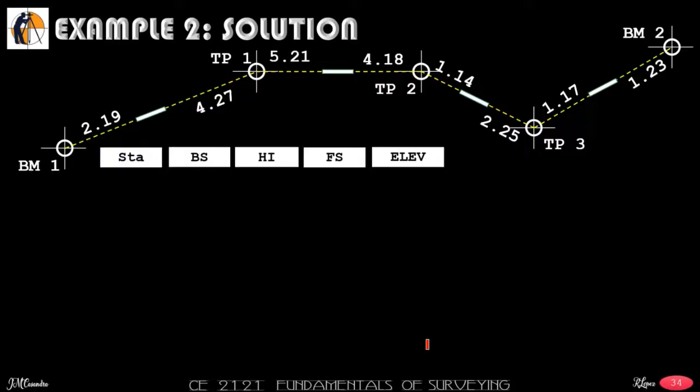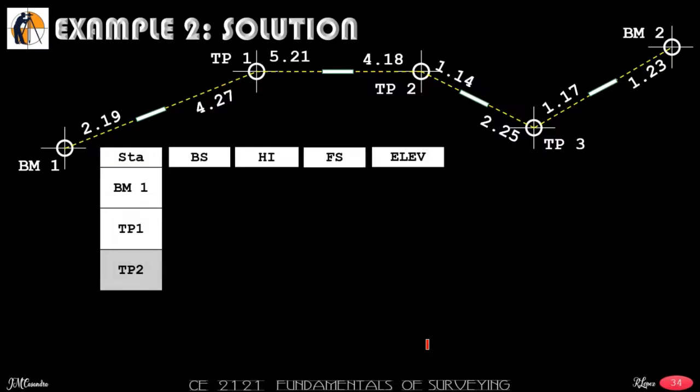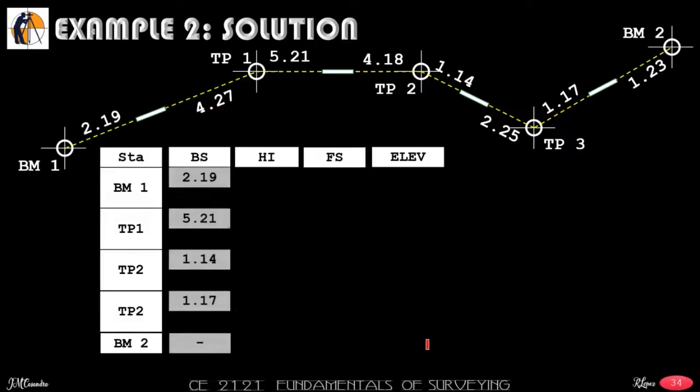Station, backsight, height of instrument, foresight, and elevation. So for our stations, we have your benchmark 1, TP1, TP2, TP3, and your benchmark 2. So backsight for benchmark 1 is 2.19.